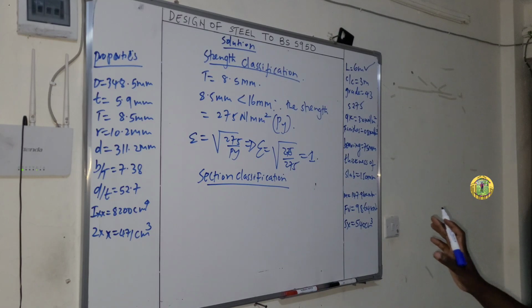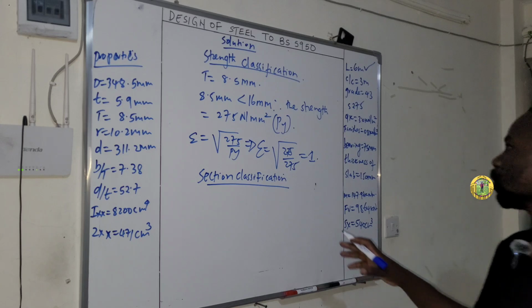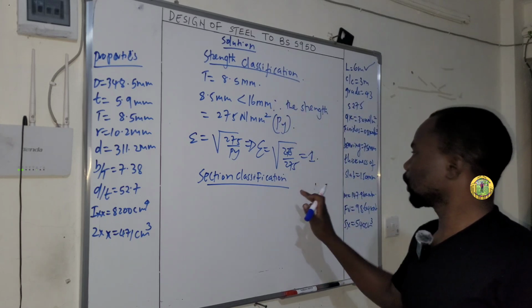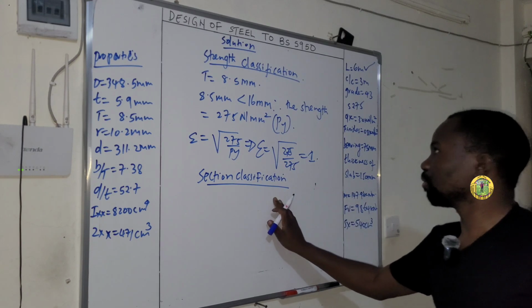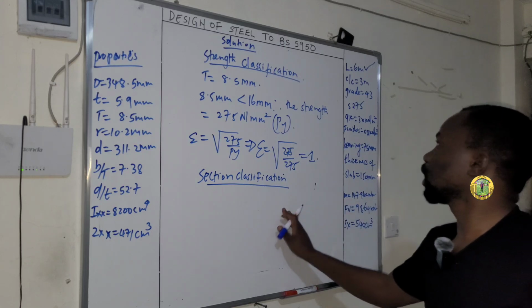If you don't know the table to use, revisit my previous example and you will see the table for strength classification and section classification. Or you can also revisit my introduction to steel design to BS 5950.